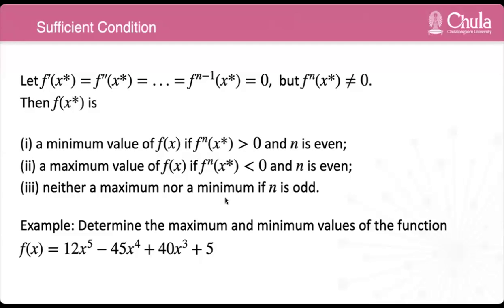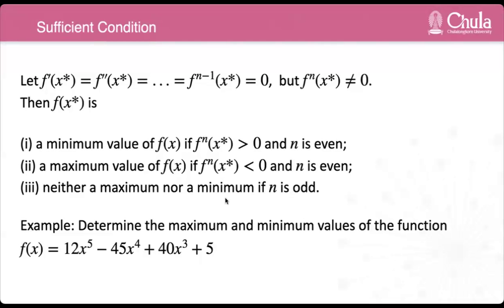We have a point x star where the first order derivative f prime and the second order derivative, and higher order derivatives are considered. We keep increasing the order of the derivative until we reach the order n where the nth order derivative is not zero anymore.